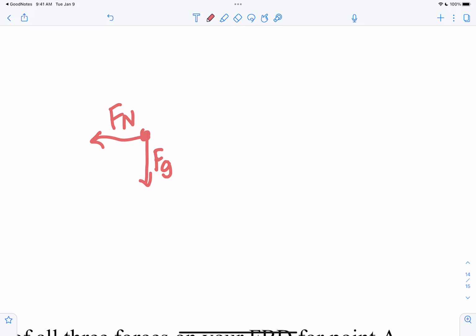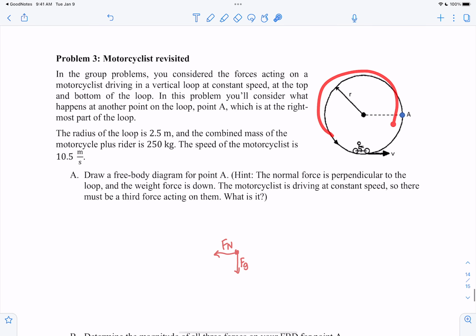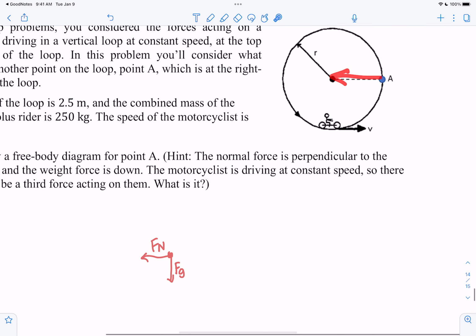That always points downwards. So if we have this circular pathway, knowing the concept of centripetal force, centripetal acceleration, in order to continue moving along a circular path, we have to have a centripetal force, and we have to have a centripetal acceleration. So there must be a force pointing towards the center of the circle, or radially inward.